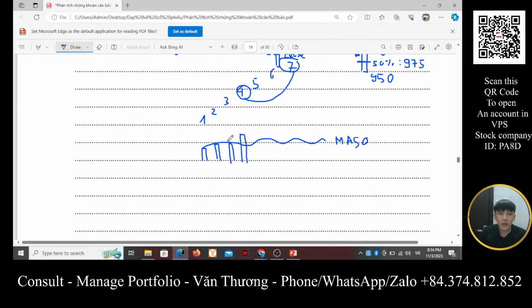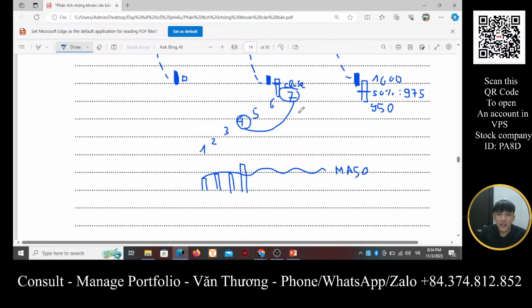It's bigger than the 50-day volume average. And the follow through day has to be above 1.5%. The bigger the better, and the bigger the volume the better too.